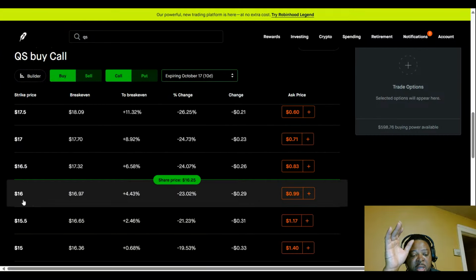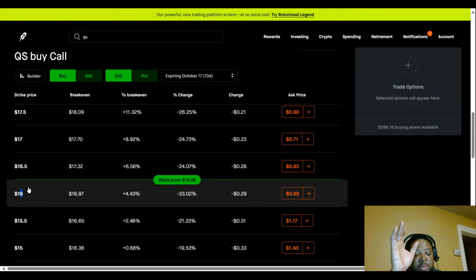But let's just say you want to buy a call option, and you bought it from me. So I sold you the contract, and I have to have 100 shares to do that. Let's say you purchase this options contract for the $16 call option. So you get the right to exercise this contract. You say, I want to exercise it today.